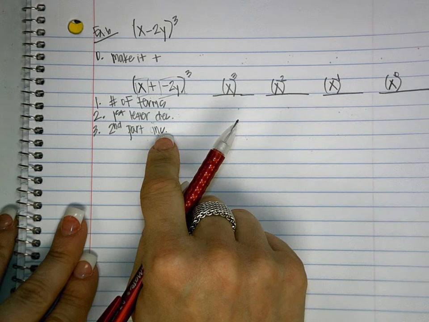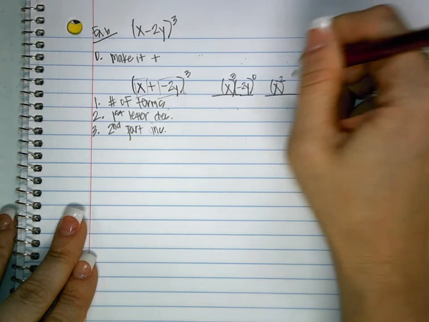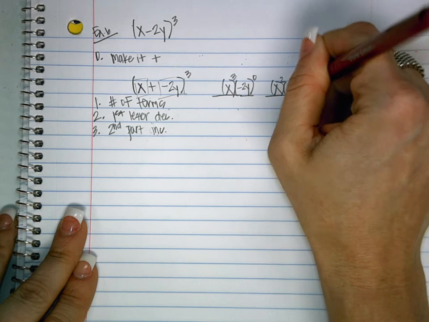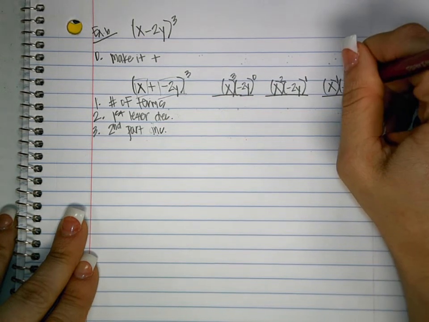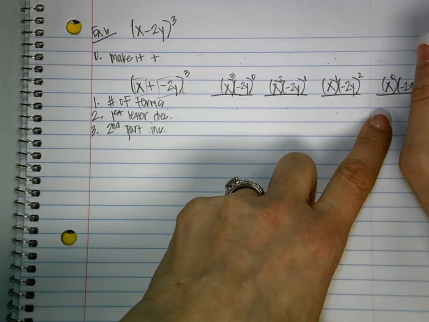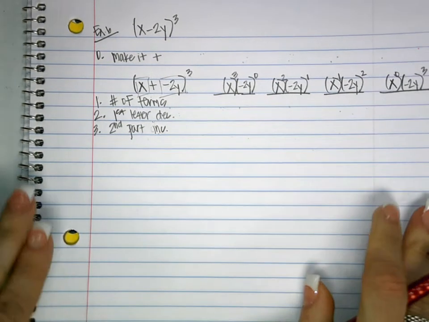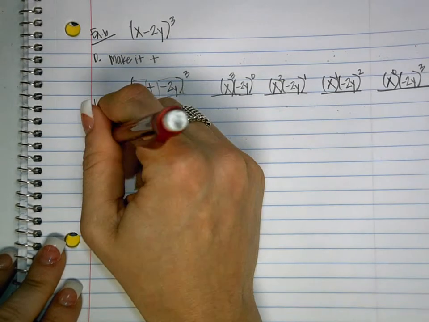So technically I have negative 2y to the 0, negative 2y to the first. Do you see now why I'm putting these in parentheses? Negative 2y squared and negative 2y cubed. Now, my next step is to put in your Pascal's triangle number.